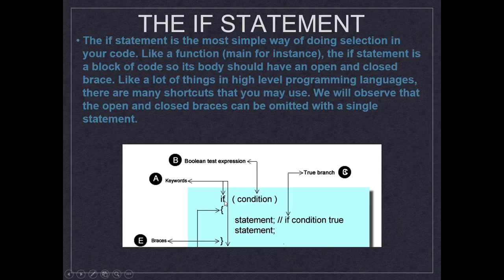So the keyword signals that this is a decision. The parentheses wrap and say, hey, this is the condition, the stuff in between these parentheses. And that's a Boolean test expression. No matter what you put inside of here, it must resolve to a true or a false. The curly braces here are meant to contain multiple statements, so this is the body of the if.